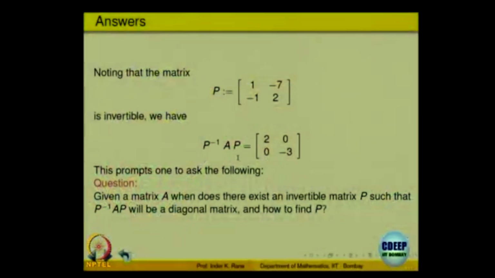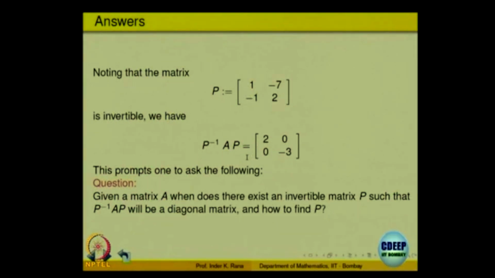Look, suppose A is a matrix, the one that we have taken: minus 5, minus 7, 2 and 4. Suppose I want to compute the 100th power of that matrix.